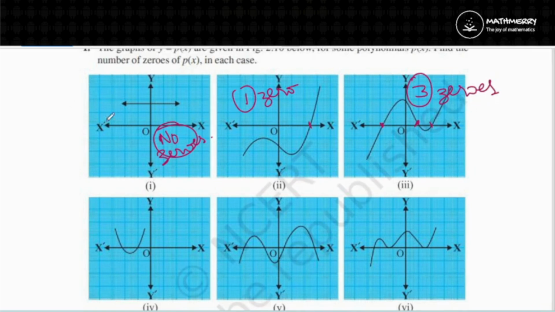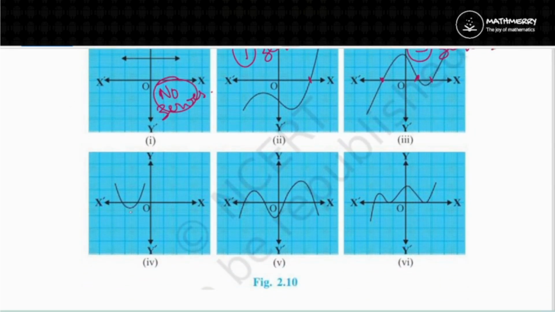Now the fourth one, the graph touches the x-axis at 2 points. So 2 zeros are possible, and also it's a quadratic equation because it's a parabola. So this particular U shape, we call it parabola. Now the fifth question, 1, 2, 3 and 4.